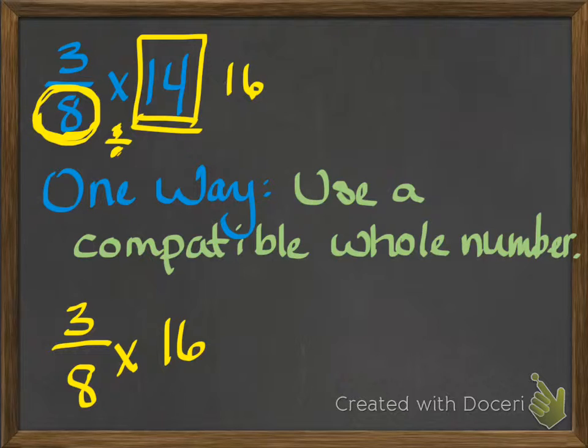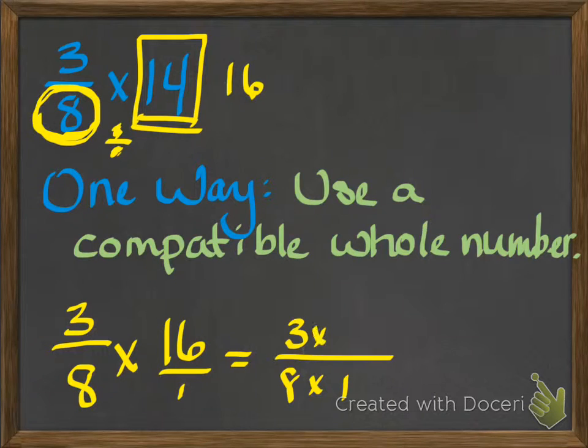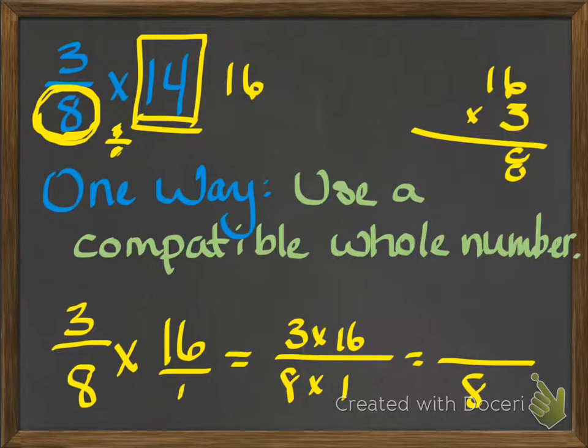So I changed my whole number down here. You can see I've multiplied 3/8 times 16 now, and 16 is the same as 16 over 1. So now I can do my multiplication. 8 times 1, and 3 times 16. I know 8 times 1 is 8, and 3 times 16 in my head is not quite as easy. 3 times 6 is 18, carry the 1, 3 plus 1 is 4, so 48.